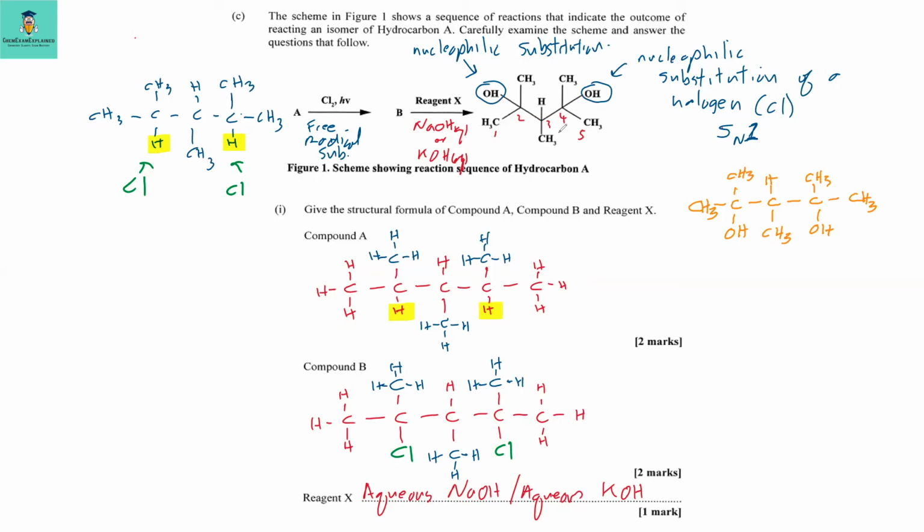So because at B, we form our halogenoalkane, and we have our reagent, which is aqueous sodium hydroxide or aqueous potassium hydroxide, we are going to substitute our Cl with OH groups. So this Cl and this Cl will be removed, and this mechanism will be nucleophilic substitution, or unimolecular nucleophilic substitution.